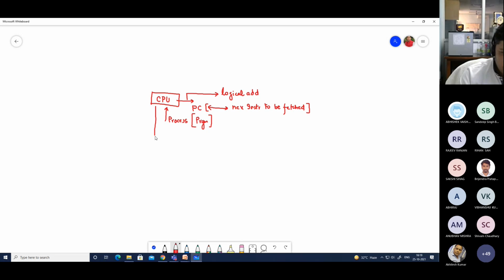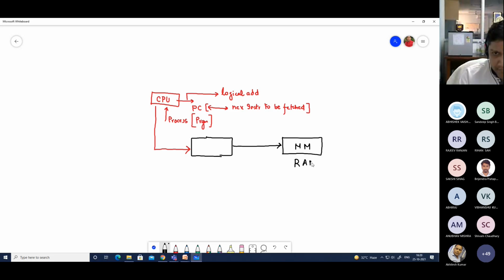Now, many of you might recall that between the CPU and main memory, or RAM, there are L1 and L2 caches, meaning things are cached in these.